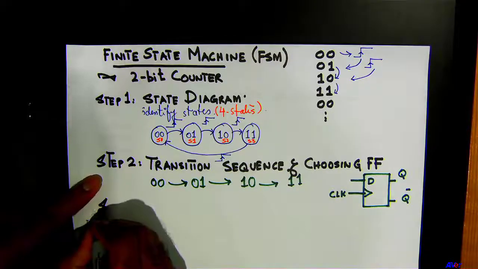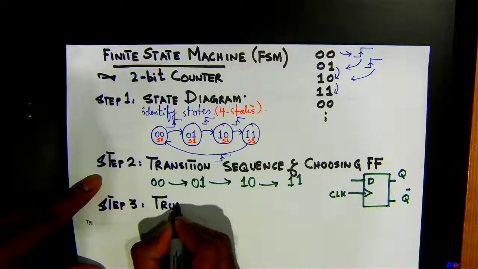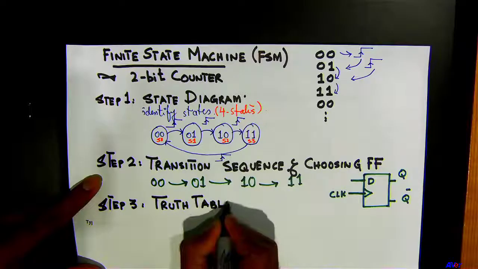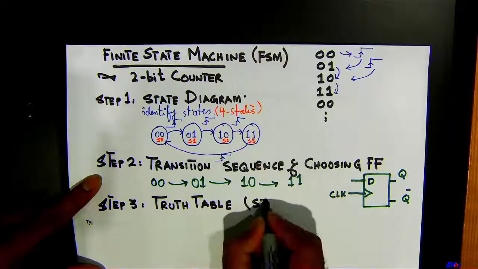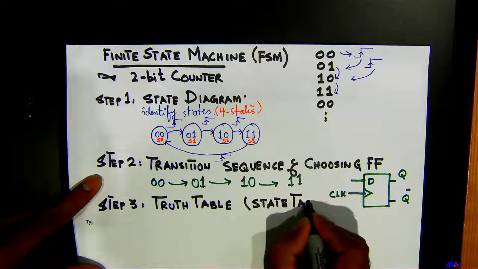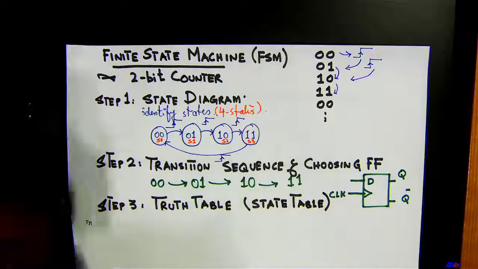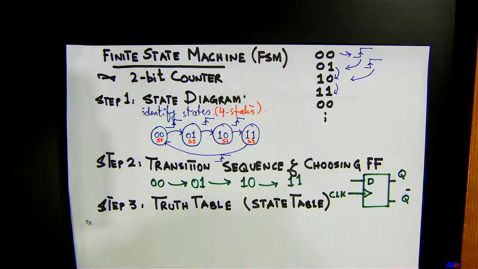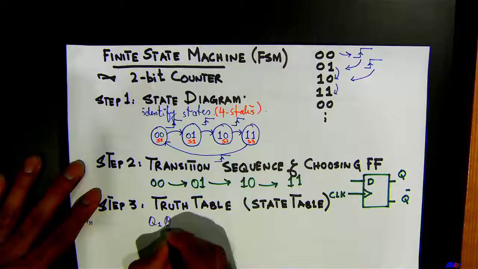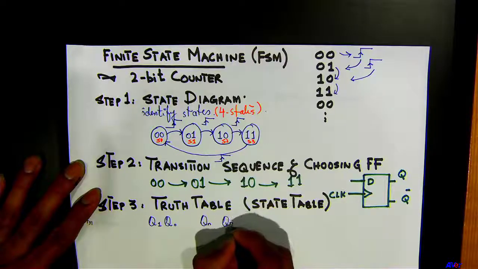Step 3 is the truth table, basically the state table. So we have Q1 and Q0, okay, and then Qn and Qn plus 1.